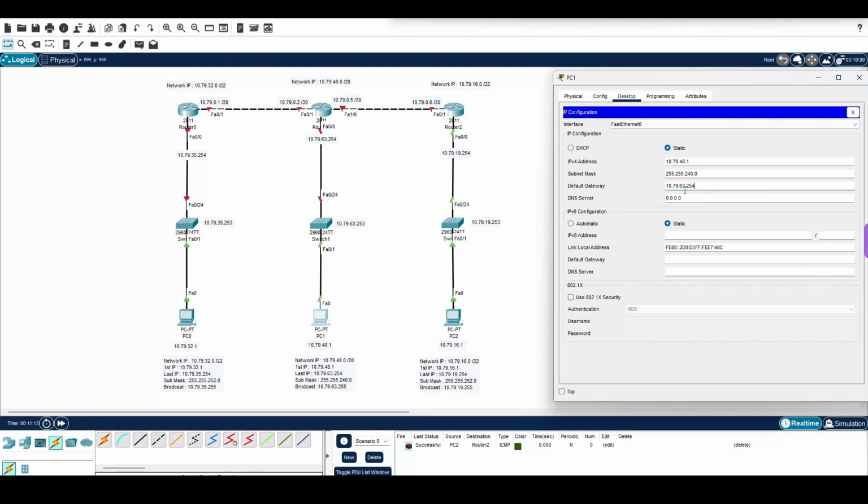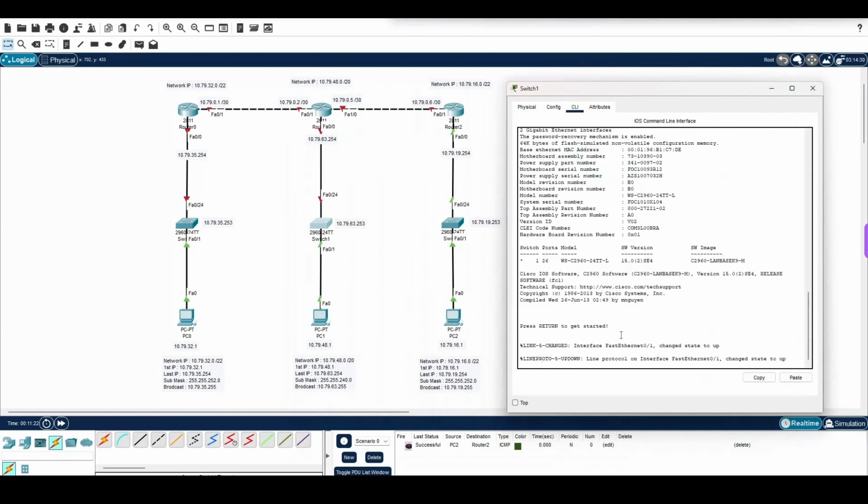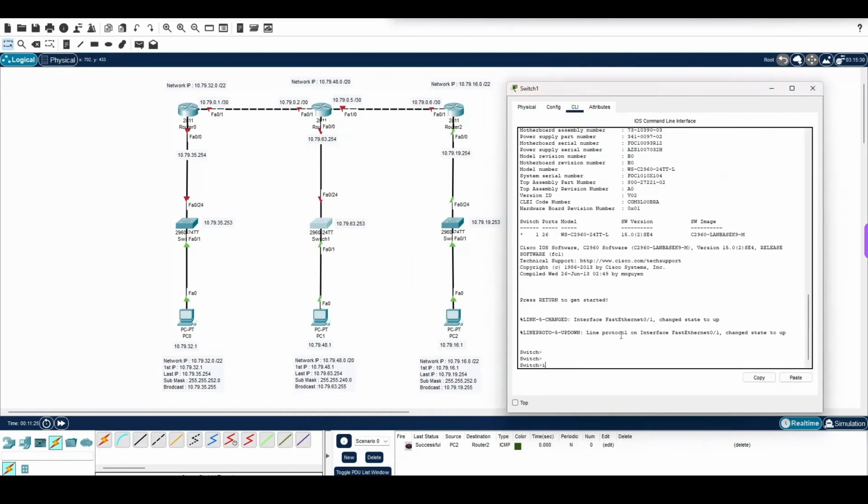Again, the default gateway is this interface's IP address. Give the switch an IP and tell it what the default gateway is.